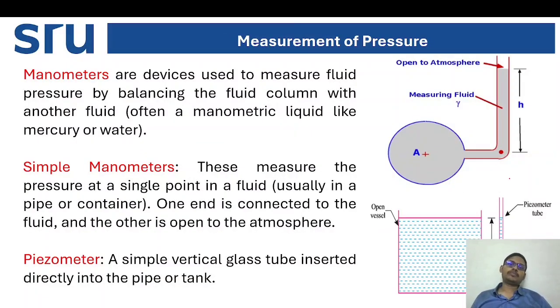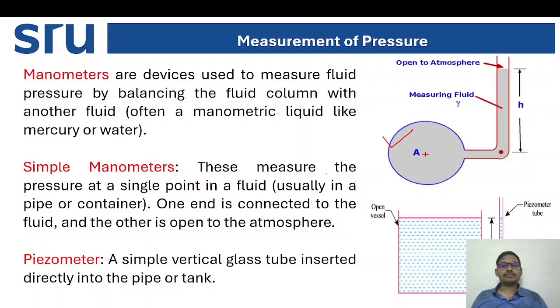So, measurement of pressure. Manometers are devices used to measure fluid pressure by balancing the fluid column with another fluid, often a manometric liquid like mercury or water. In this one we are using maybe mercury or maybe water, but one end is closed and one is open, that is called a simple manometer.